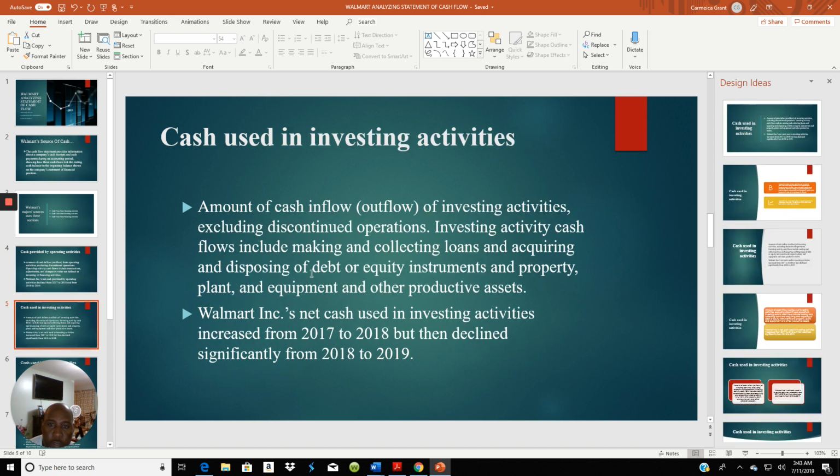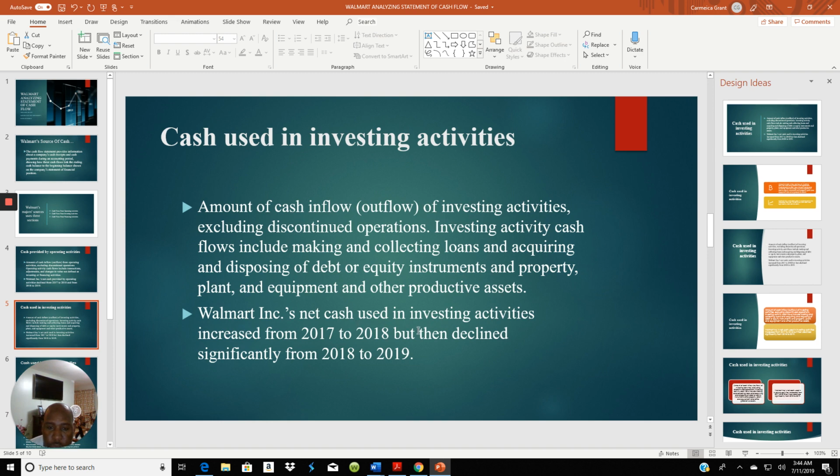Cash used in investing activities. The amount of cash flowing in and out of investing activity, excluding discontinued operations. Investing activities cash flows include making and collecting loans, and acquiring and disposing of debt and equity instruments, property, plant and equipment, and other productive assets.